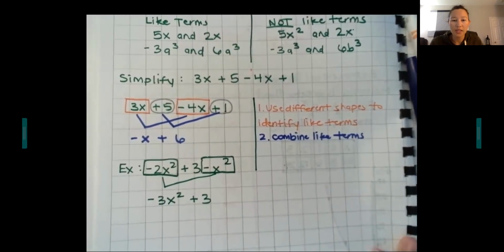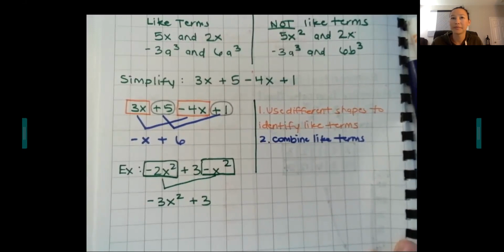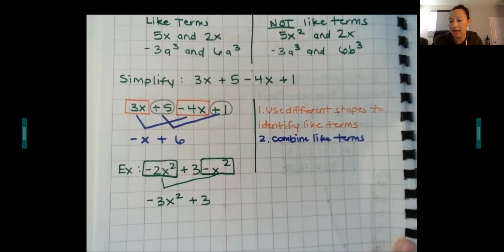Okay, any questions on our combining like terms notes? Okay, so once you have your notes copied down, we're going to be on page 55 in our algebra workbook. Go ahead and get out your workbook and open up page 55.